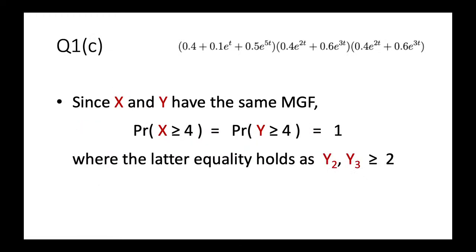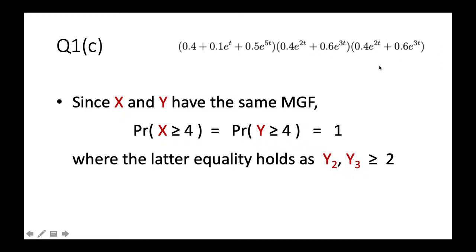Now the second question is, we want to find the chance that x is greater than or equal to 4. Since x and y have the same MGF, we can compute the corresponding chance of y being greater than or equal to 4. Recall that y is the sum of the 3 smaller random variables, and y2 and y3 are always greater than or equal to 2, since the value is either 2 or 3.